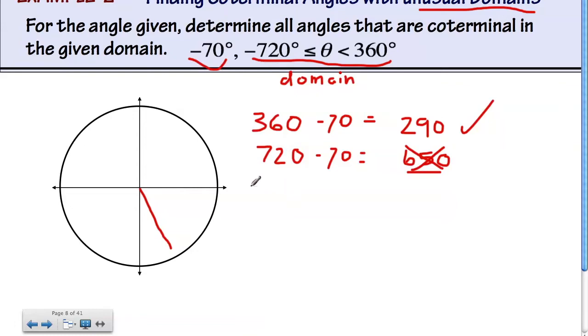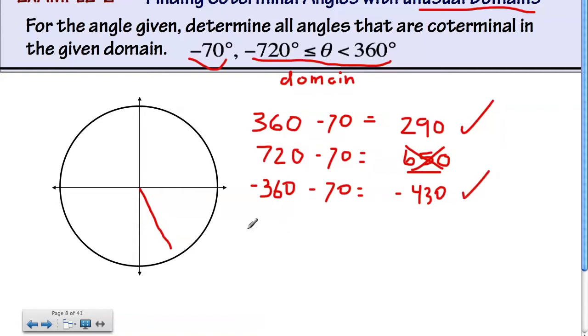So let's go negative 360, and we subtract the 70 that was given. And we get negative 430. All right, and that's in the domain, so you're happy.